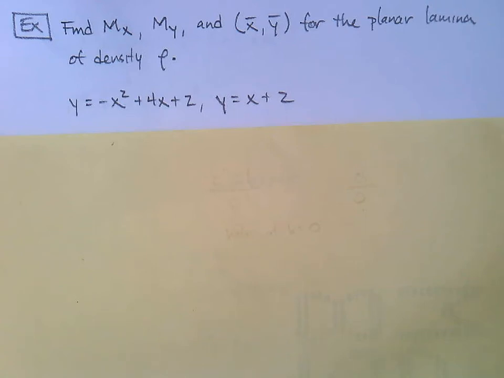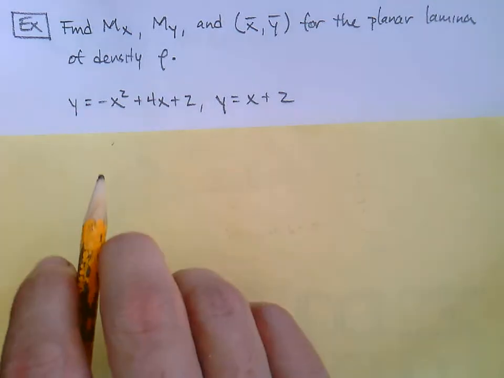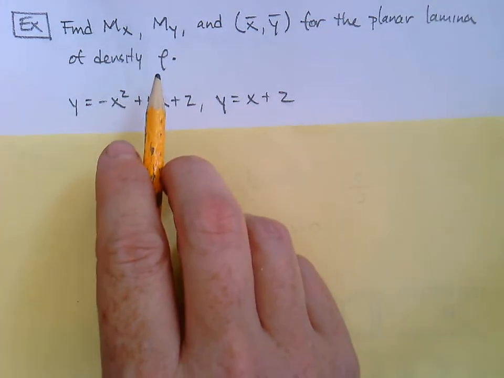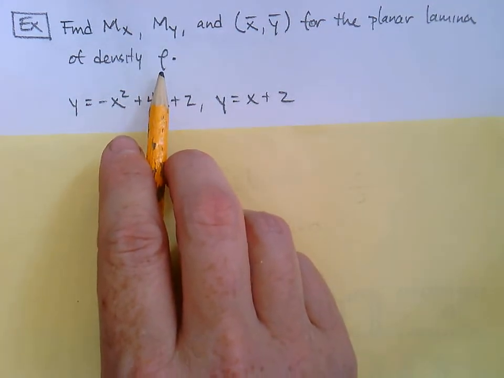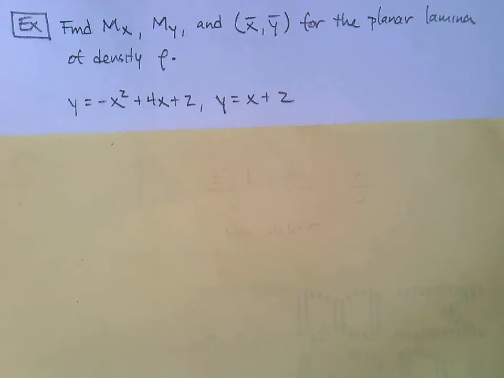And you see some functions right there as well. Okay, so first thing I'd like to point out, in a lot of problems you'll see, I don't know if it's all of them, it might be all of them in the homework, it's going to be very common for them to just say the density of your planar lamina is rho. They're not going to give you a number. There's a good reason for that. We're going to see it as we do the problem.